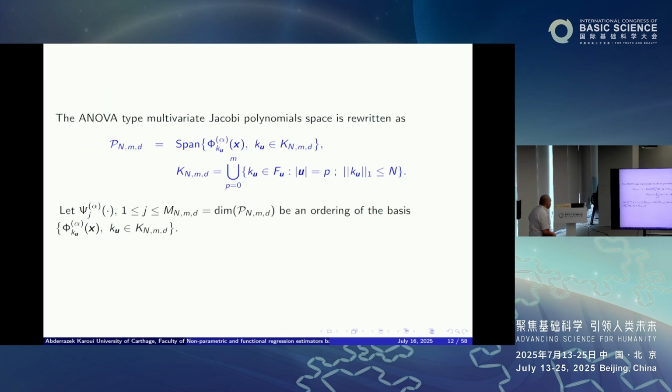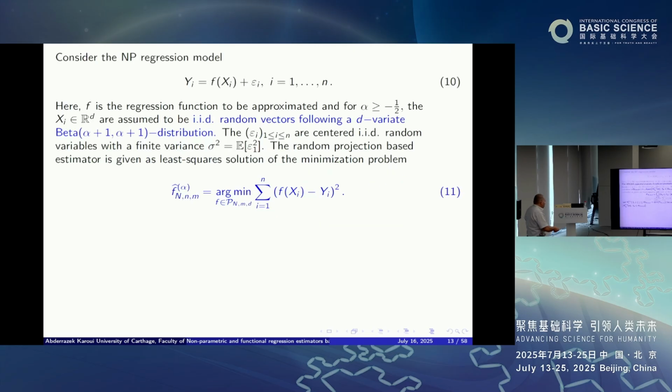We can write our multivariate polynomial subspace in this form, and we can order our basis functions this way. This is an order of the basis functions. They also form an orthonormal basis of our projective subspace.